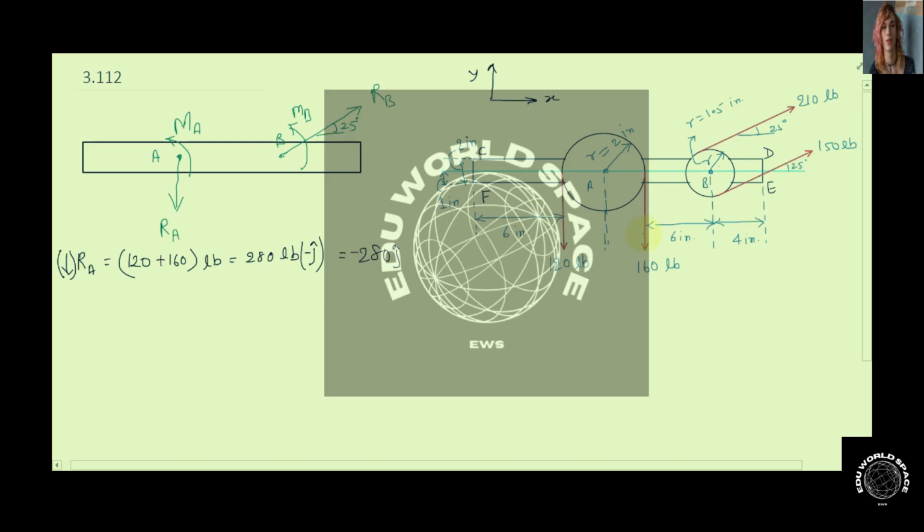Now talking about the moment acting at point A, we can calculate the moments because of these two forces about the center of the pulley. Considering the anti-clockwise direction to be positive, this 120 pound force is going to cause an anti-clockwise couple, so this will be a positive couple: 120 multiplied by the perpendicular distance, that is 2 inches.